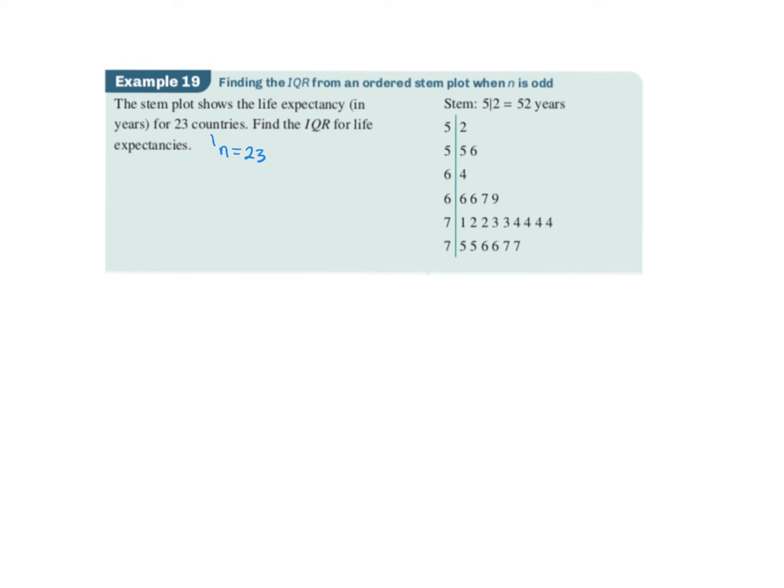If we have our data broken up, we would have 11 data points in the first half, our 12th one would be our median, and then we'd have 11 data points in the second half. Once we've split it in half, we can then find the median of each half.